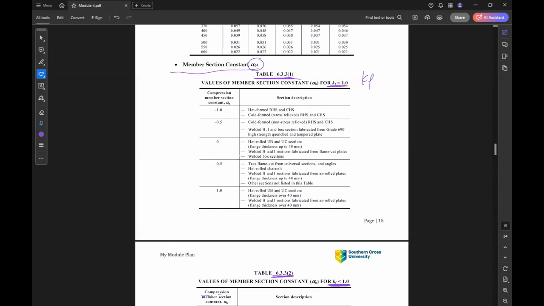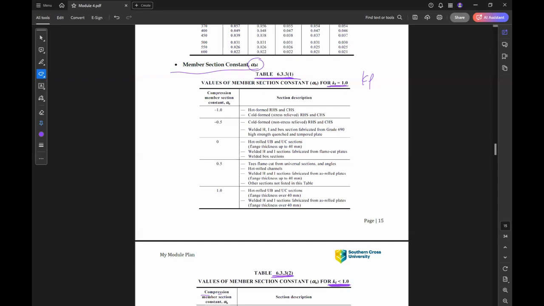So we need to know Le and r and kf before proceeding to the calculation of alpha b and alpha c. So ke depends on the rotational and translational resistance at the end of the member, and it can be determined according to these three or four cases.